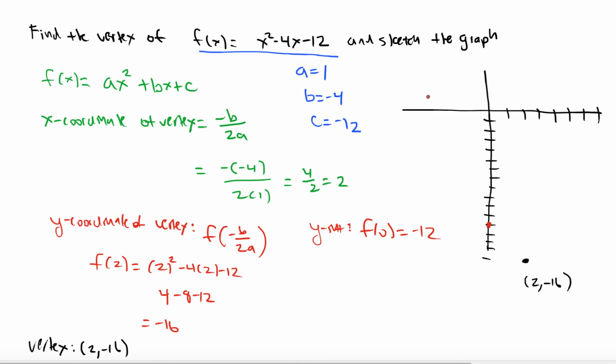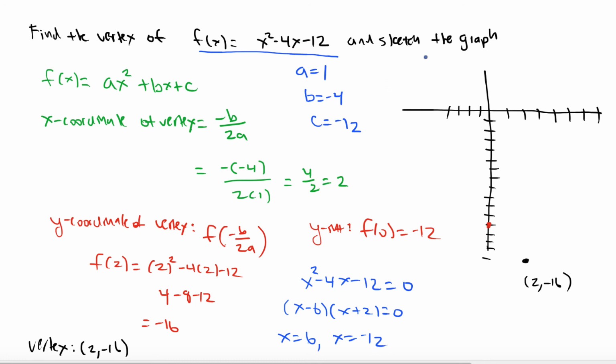So then what about the x-intercepts? How are we going to find the x-intercepts? In order to do that, the best thing to do would be to factor the quadratic. If we set x squared minus 4x minus 12 equal to 0 and try to factor this, it becomes x minus 6 times x plus 2. So we get two values here of positive 6 and negative 2.